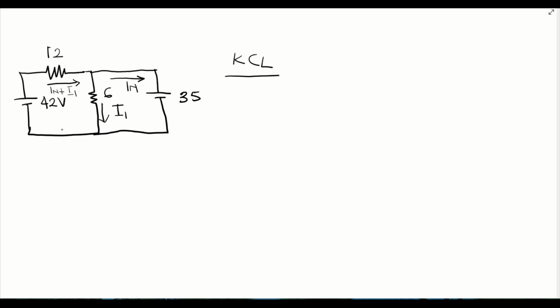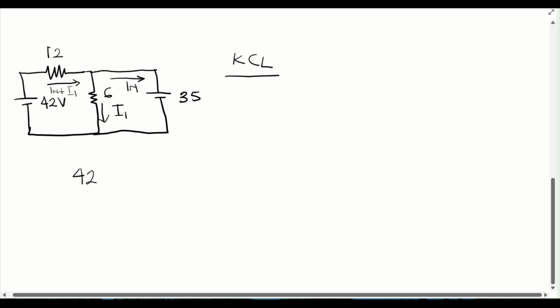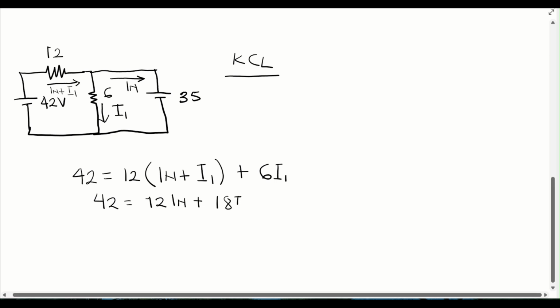If we take this loop, we are going to have 42 equal to 12 times (IN plus I1) plus the 6 I1, which is going to give us 42 equal to 12 IN plus 18 I1.